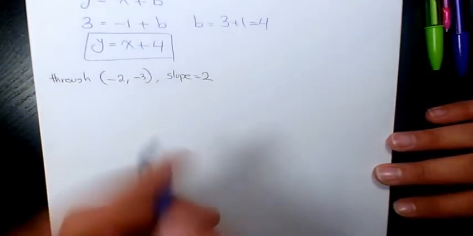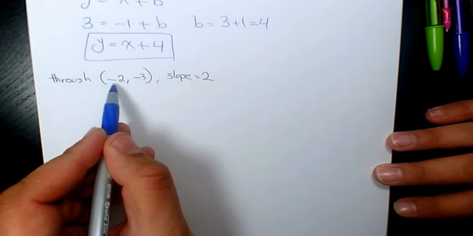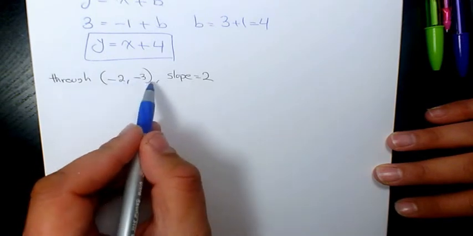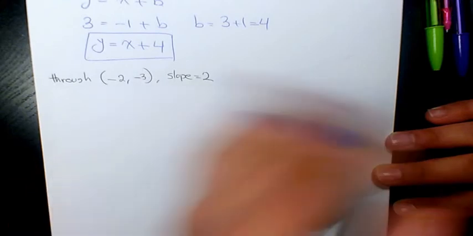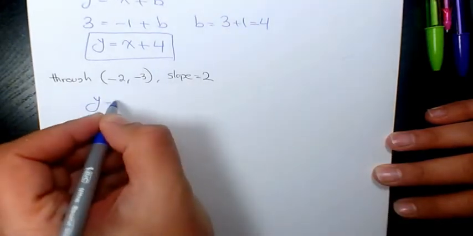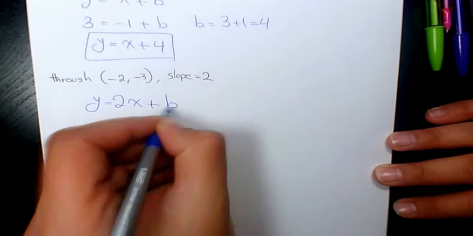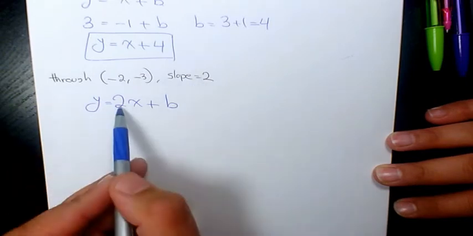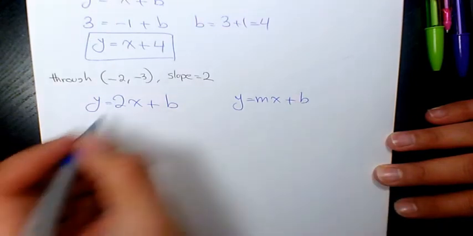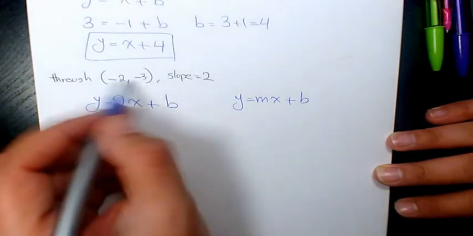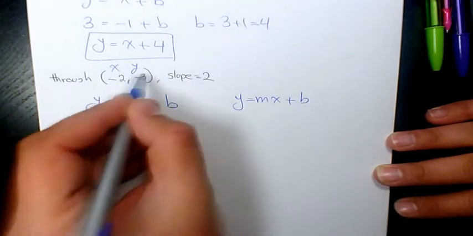Next one, the slope is 2, and the point is (negative 2, negative 3). It means that the line is passing through this point. So this point belongs to the line. So y equals 2x plus b. 2 is the slope. That's the m. You remember from the original form, m is 2. So we just substitute these coordinates into the equation. That's the x, that's the y.